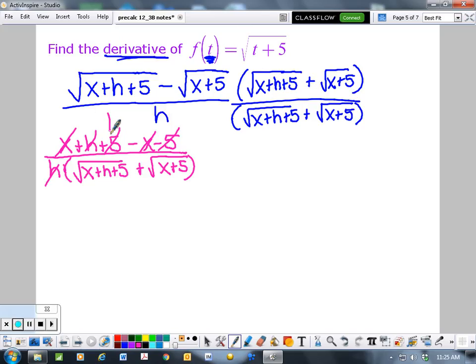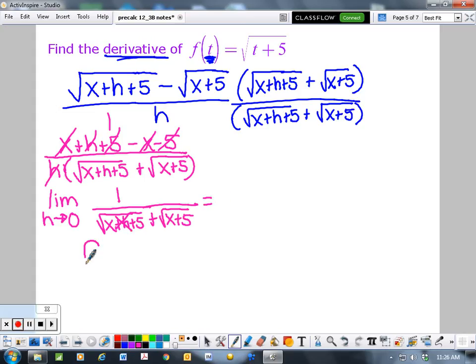And so now we apply that limit as h approaches 0 of 1 over the square root of x plus h plus 5 plus the square root of x plus 5. Again, since h approaches 0, this goes away, and we get 2 of the same on the bottom. So that means that my derivative of f at t is technically 1 over the square root of t plus 5, and there were 2 of those square roots, so there's a little 2 in front. And that is our derivative.